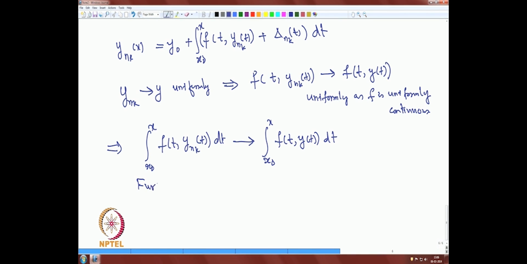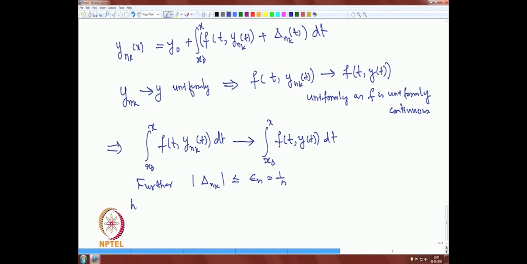Further, we have delta nk, which by definition is less than epsilon n, which is 1 by n, and passing to the limit this tends to 0.